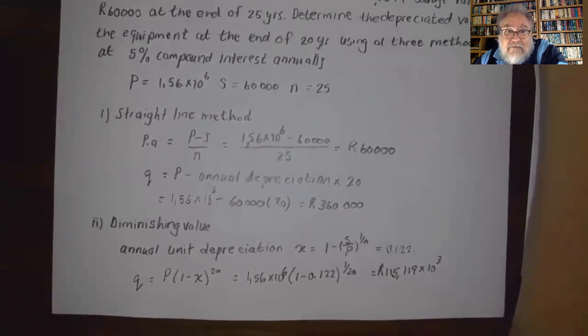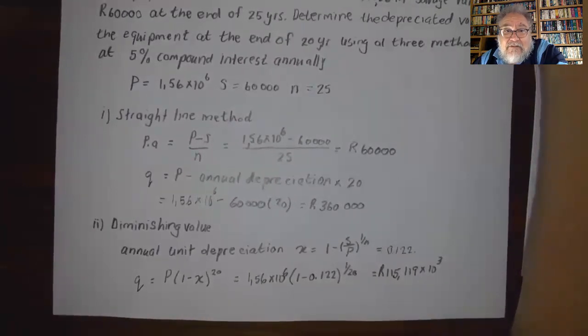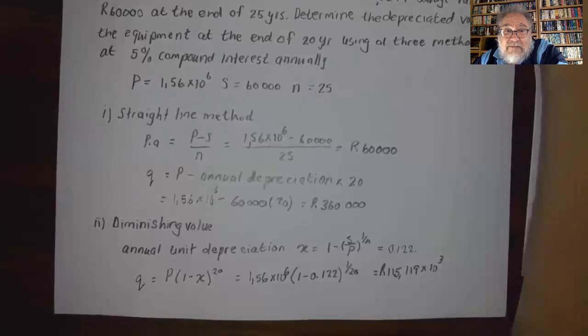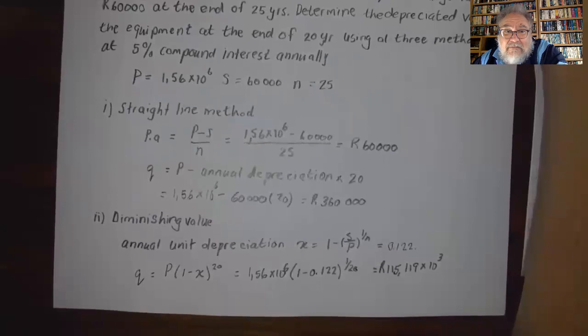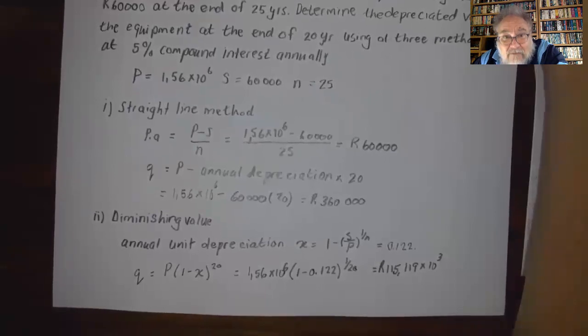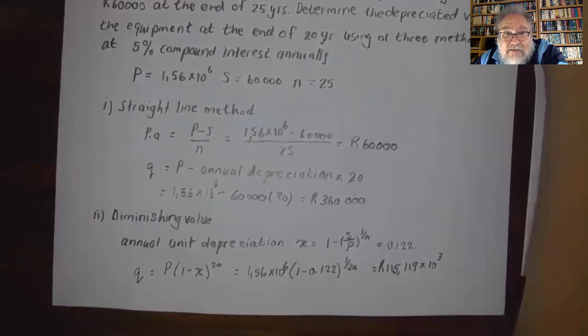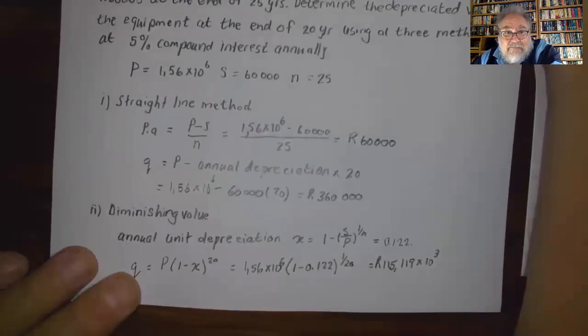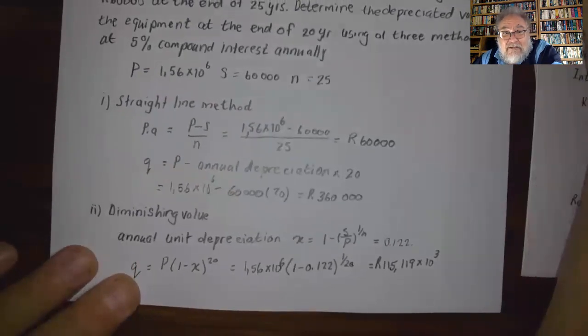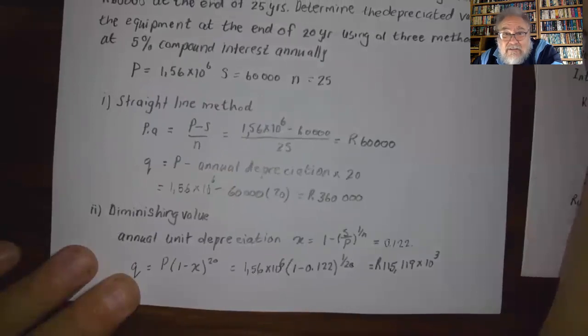Now Q is P minus your annual depreciation factor times 20. And so that means it's 1.5 times 10 to the power of 6 minus 60,000 times 20. That gives us 360,000 Rand.